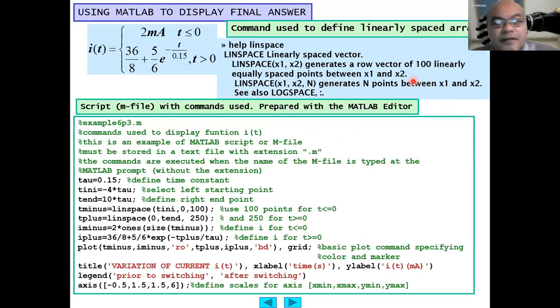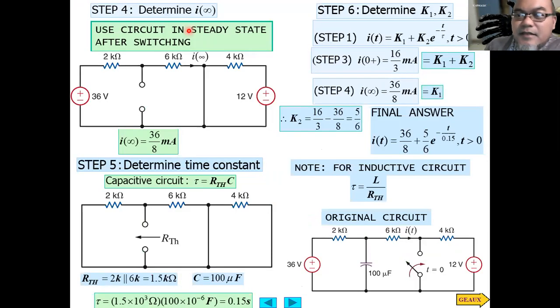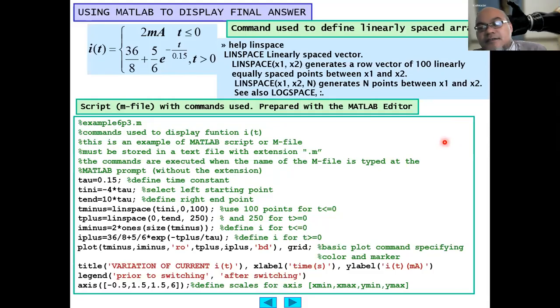Okay, so this is when you are asked to display using MATLAB or Octave. You obtain that the current for t less than or equal to 0 is 2 milliampere. When t equals 0, it is 36/8 plus 5/6, so you obtain 2 milliampere.